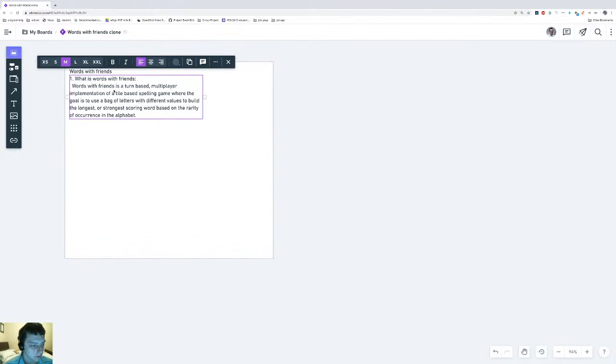So I'm trying to define what the winning condition is. The winner is determined when there are no more possible moves, the bag is empty, or a player resigns.